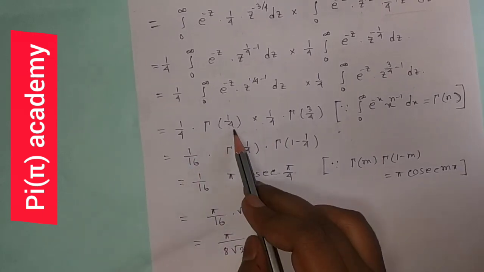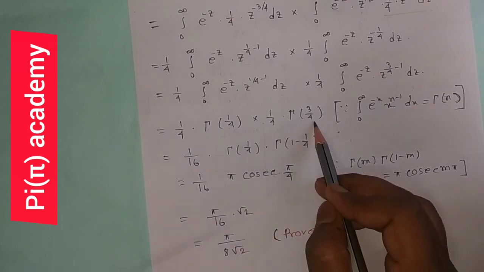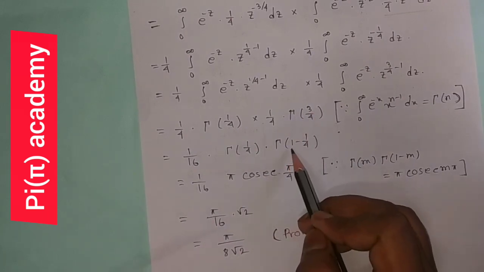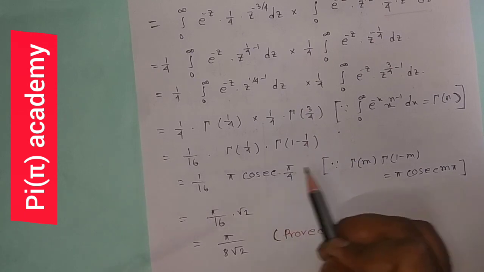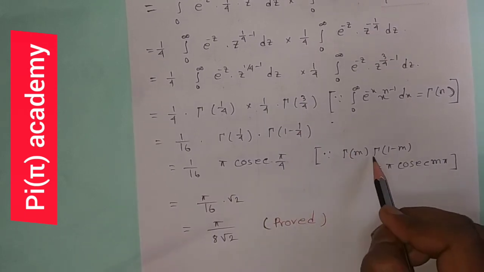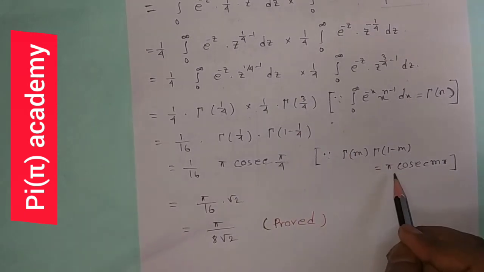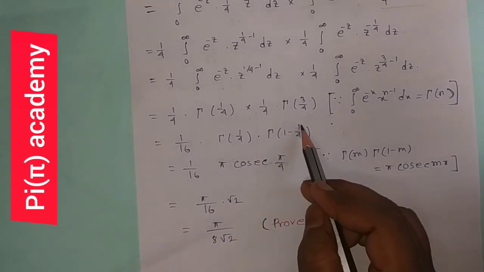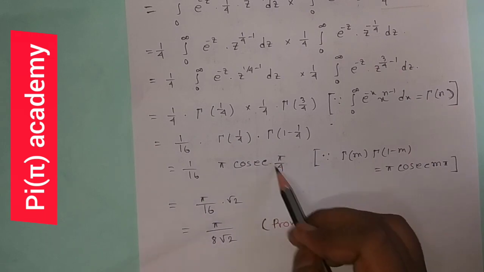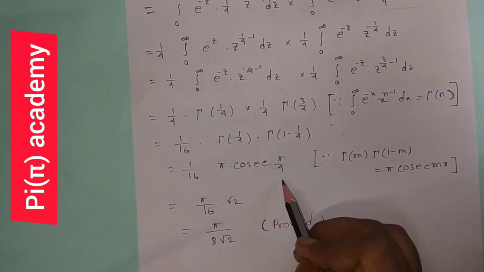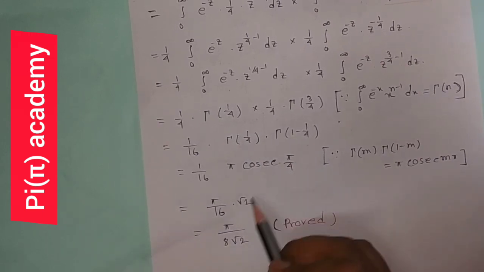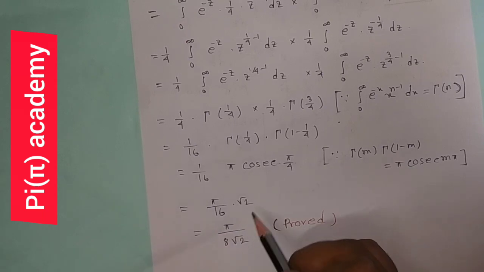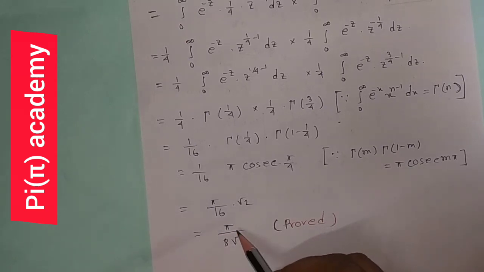Now gamma 1/4 into gamma 3/4, we can write gamma 3/4 as gamma (1 minus 1/4), and we know that gamma m into gamma (1 minus m) equals pi cosec m pi. Therefore pi cosec m pi, here m equals 1/4, and cosec pi by 4, that is cosec 45 degrees, equals root 2, and we calculate this, we get pi divided by 8 into root 2, hence the result.